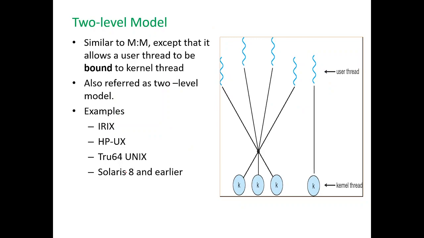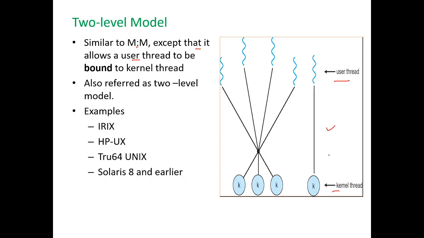One variation of the many-to-many model is also available, and that is the two-level model. It is the same as the many-to-many model, except that it allows a user thread to be bound to a kernel thread.